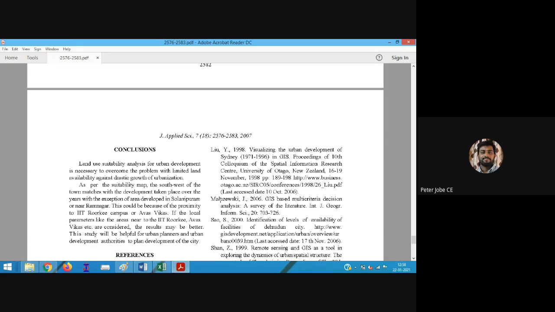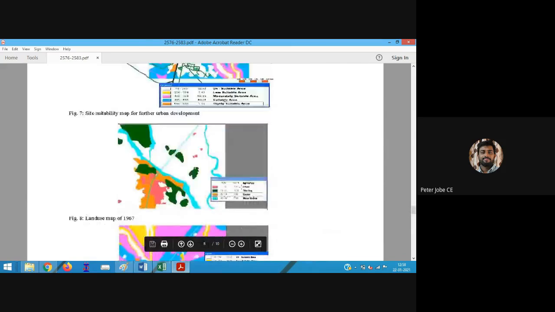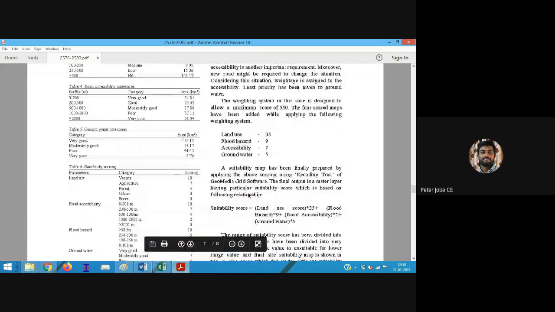Depending upon that, each place will be given a particular score, and it will be multiplied by the weightage given. Here we are talking about urban development, and that's the reason why land use got the maximum weightage of 35, while groundwater got a very low weightage of 5.